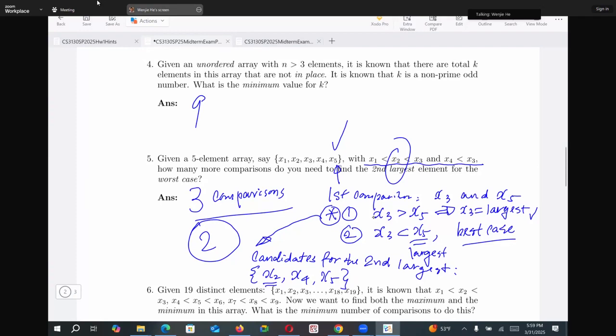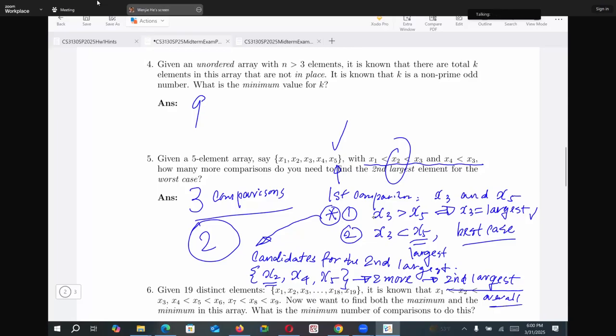But when you need to find the largest, you need two more comparisons to get the second largest, the second overall largest, okay?